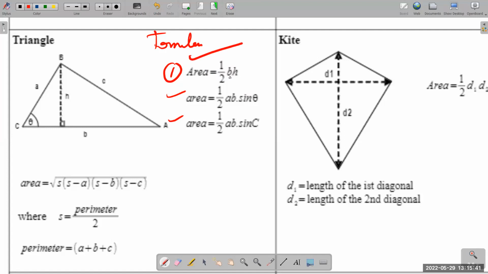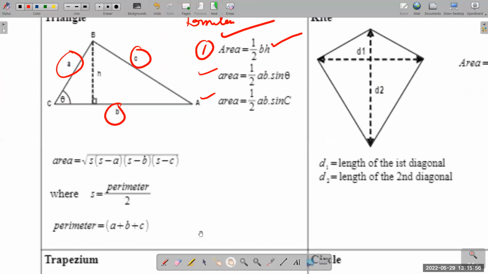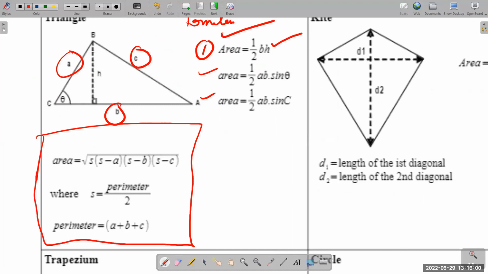The first one, you must have the height. That's why you have half base times height. Suppose you don't have the height. Suppose you only have the length of all sides. Can you find the area? Yes, using this formula here, which you can find in your formula sheet. Sorry, not this one down here. This is the perimeter. So you just go to your formula sheet.